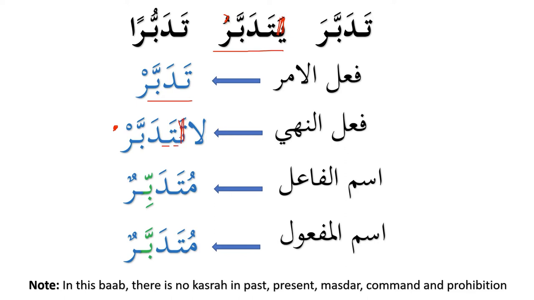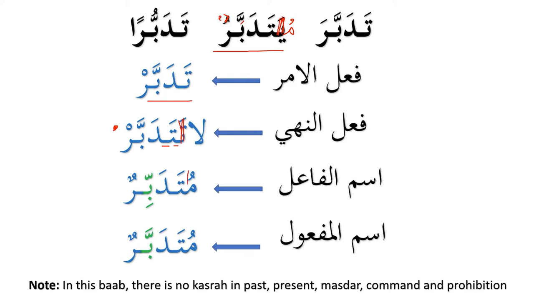gets dropped. Ismul fa'il, as we know that in the beginning we always add mu, as we can see over here. So when we add mu to mudare, and after that we have ta. In this case we have ya, but we have ta, so it will be mutadabbir, and in the end we will put tanween. However, it has to have kasra, mutadabbir.